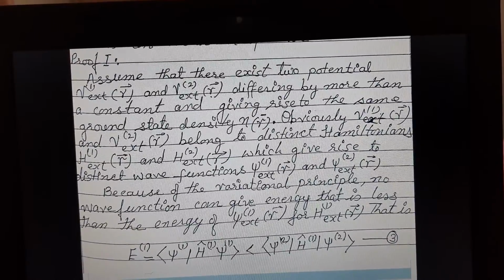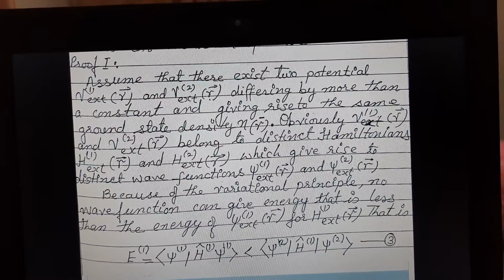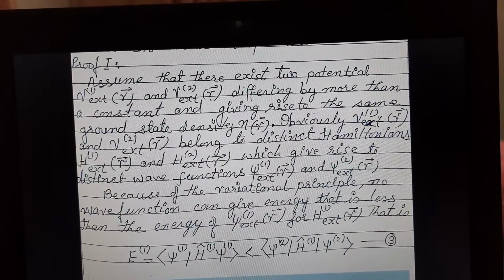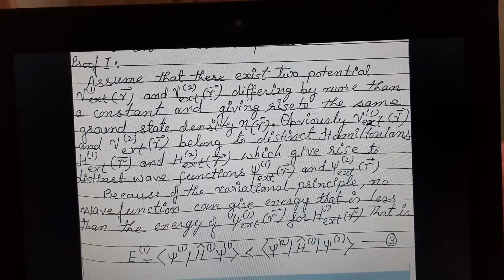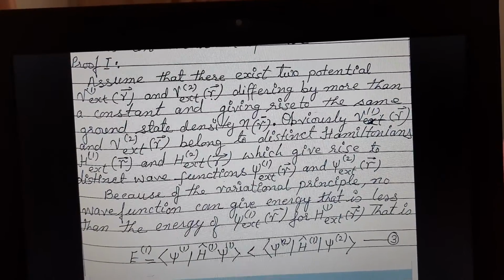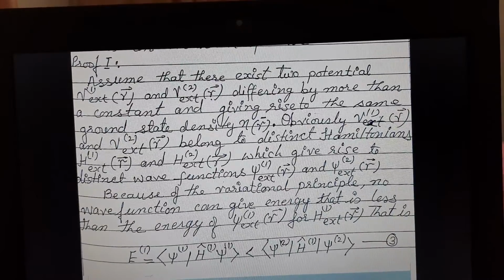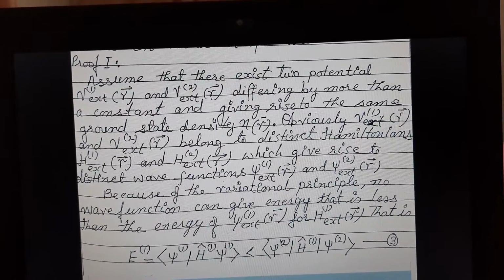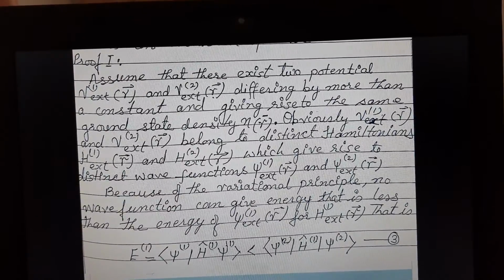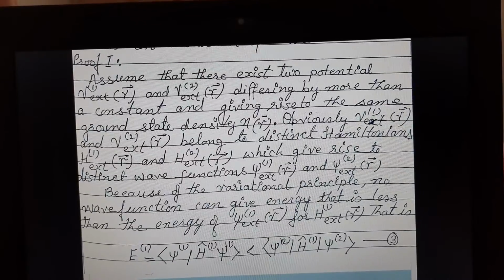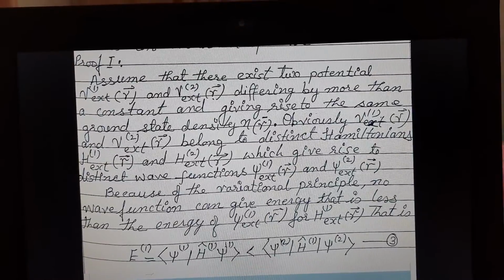Because of the variational principle, no wave function can give energy that is less than the energy of psi 1 for H1, that is E1 is equal to <psi 1|Hamiltonian 1|psi 1> is less than <psi 2|H1|psi 2>.